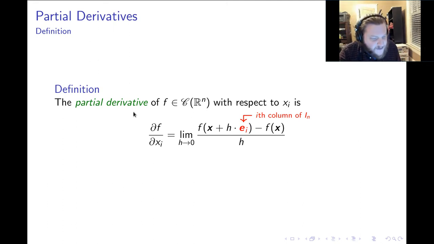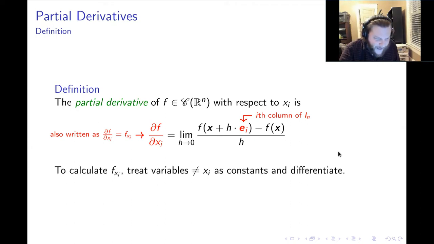Now, we're using the notation curly df over curly dxi. It is also quite common to see subscript notation. So instead of writing curly df over curly dxi, you'll also see people write f sub xi here. So both of those notations are very common. And while this limit definition might look a bit intimidating, it's actually quite easy to take partial derivatives.